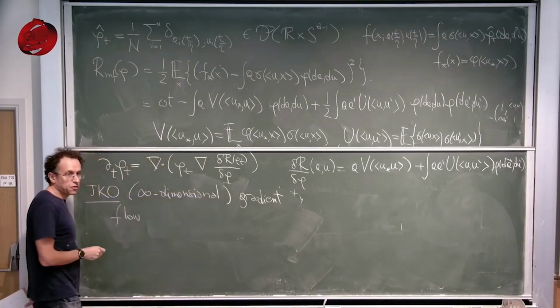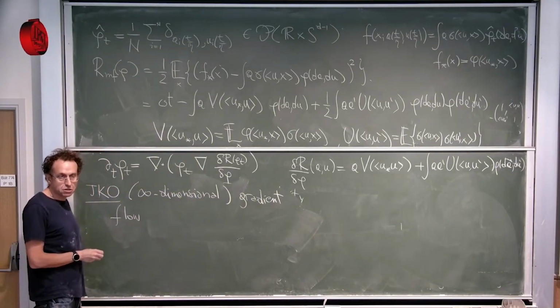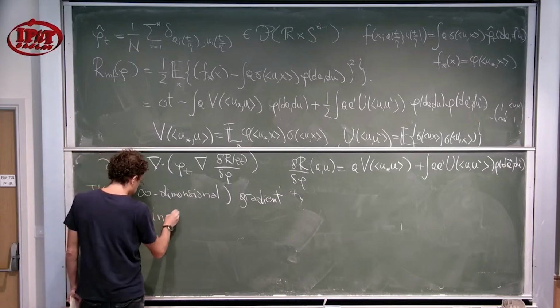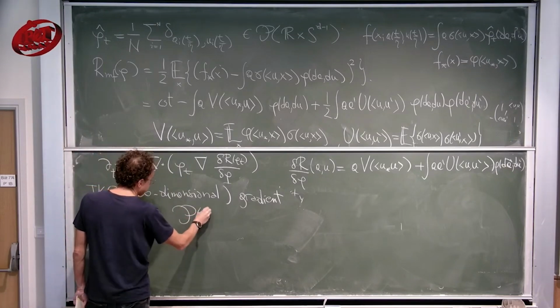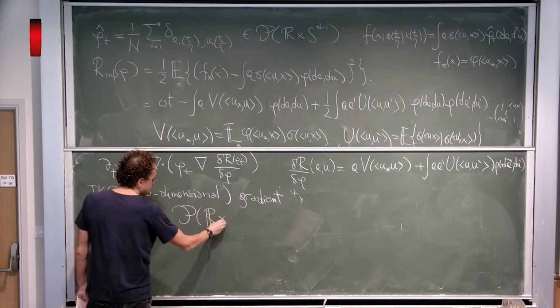So it's a gradient flow in the space of probability measures. In this case, it's the probability measures on R times the sphere.